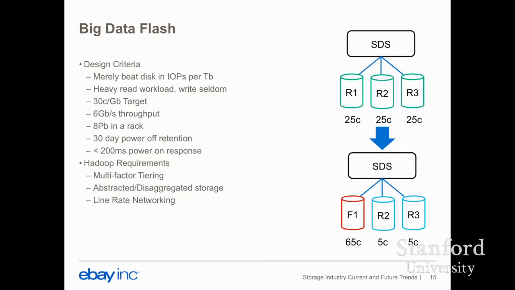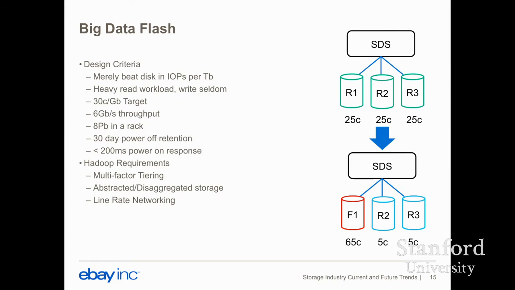So, big data flash. We heard a lot about performance, right? And so we said, okay, we're sold on the performance, but we like the other aspects of flash. We like the power. So we went back to the vendors and gave them all the requirements. We said, look, we'll give back on performance. Give me back something on cost, so that I can deploy more flash in more areas.